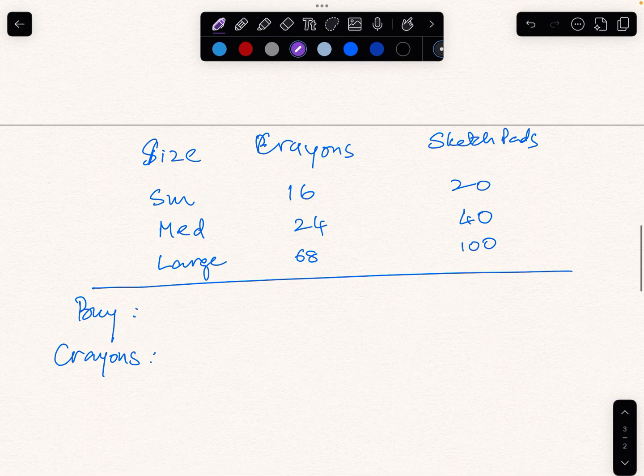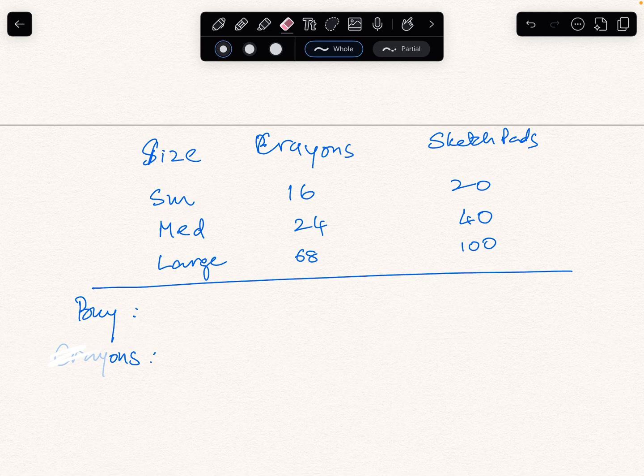So I just wrote down the table here, which says in each size box, what is the number of crayon boxes and sketch pads that are available. So let's look at what are the items that they're going to buy.